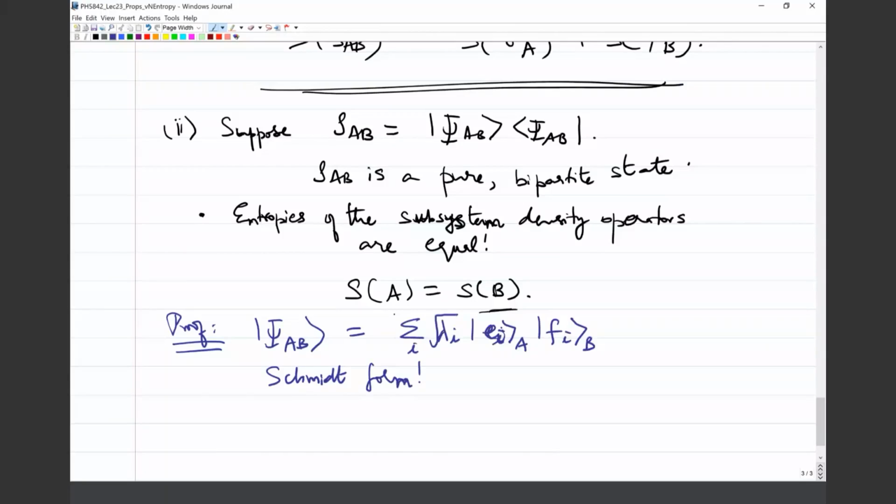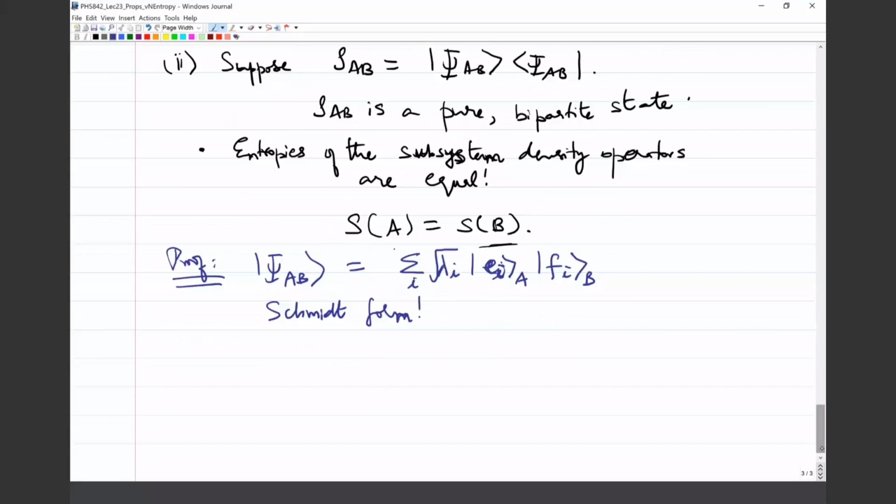So then what you would have shown last semester is when I take the reduced density operator. What does this statement mean? It means that the entropy of the marginal states are equal, right? So the marginal states have equal entropy.